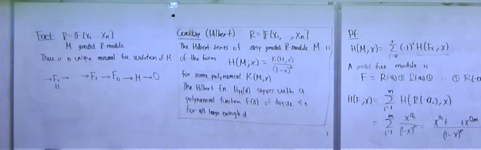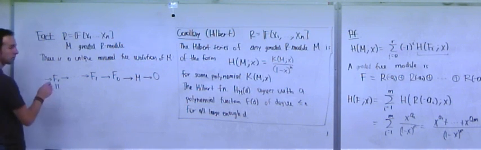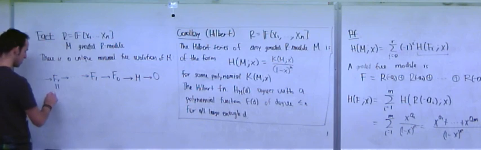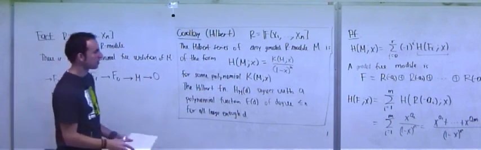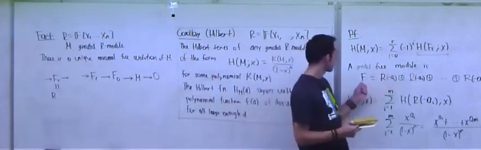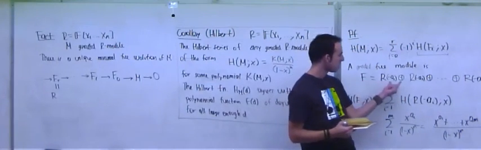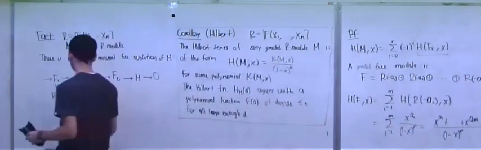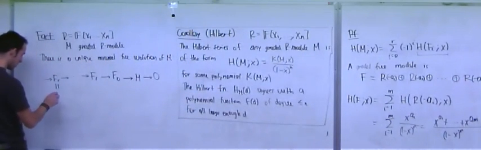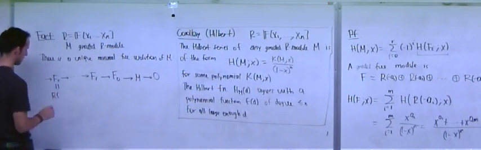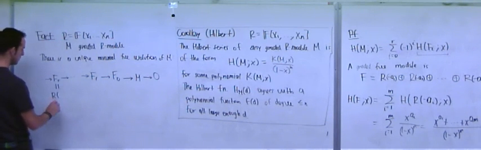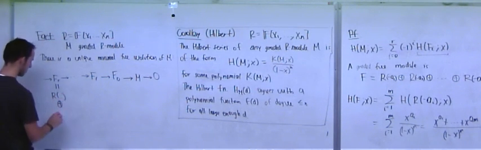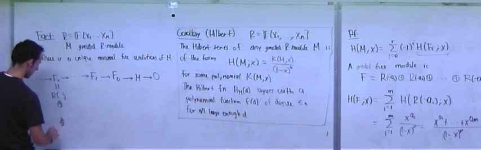Well, this guy is a free module. Okay, but it's a graded free module, which means that it's a sum. It's basically what I just did over here, right? Every free module can be written as a direct sum of shifted copies of R. Okay. And I want to do that, so I need to take a bunch of copies of R and shift them by something.